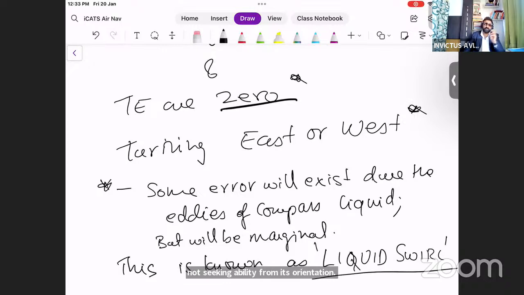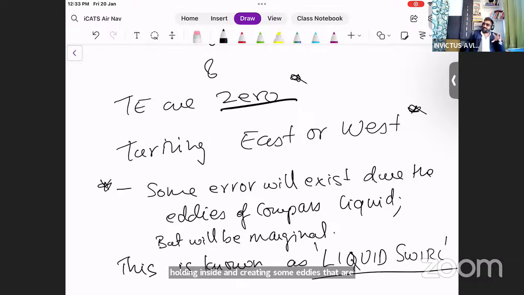That is liquid swirl. Liquid swirling here and there, creating eddies, what we have already discussed. That is liquid swirl. Liquid swirl is not a maintenance procedure. Liquid swirl is not something that we do during compass swing. Liquid swirl is something that will happen during turns. So even though on easterly, westerly turns I'm not getting any turning error, the liquid is swirling inside and creating some eddies that are deflecting my magnetic heading.